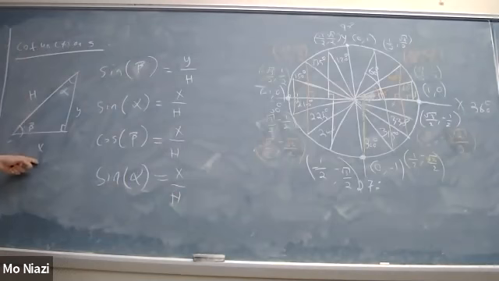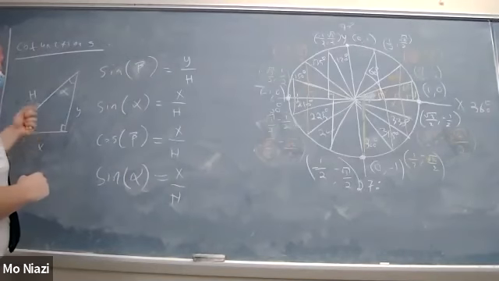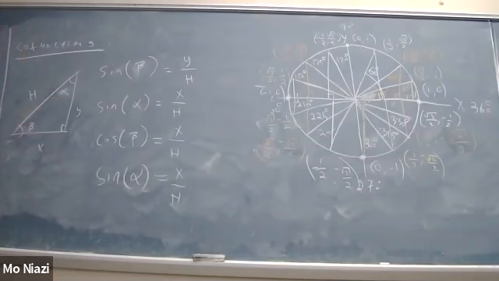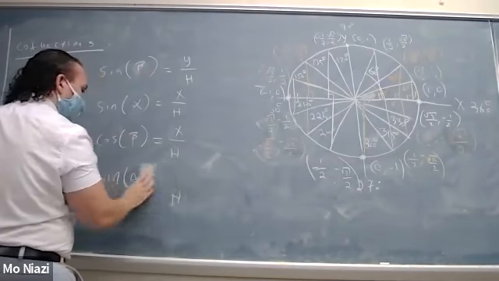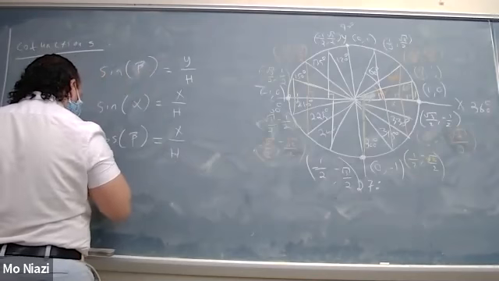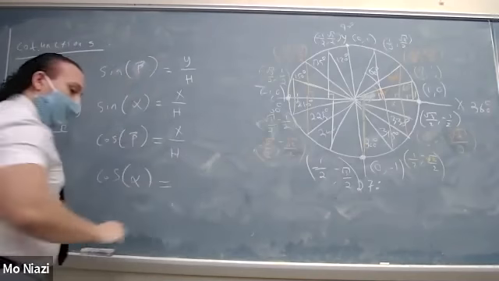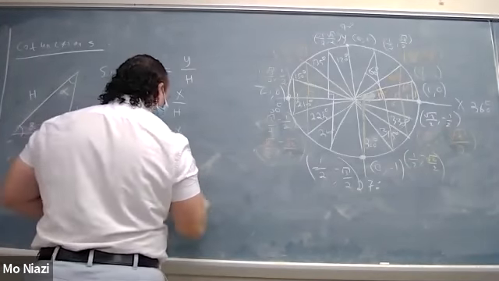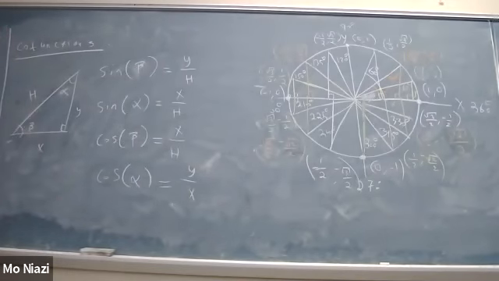Sine of alpha is opposite over h. Cosine of beta is adjacent over h. And then sine of alpha is opposite over, what's going on here? Huh. Sine of alpha twice. That's why it's sine of alpha. I mean cosine of alpha. What's the cosine of alpha? Y over x. Cosine of alpha. Yeah. Okay.